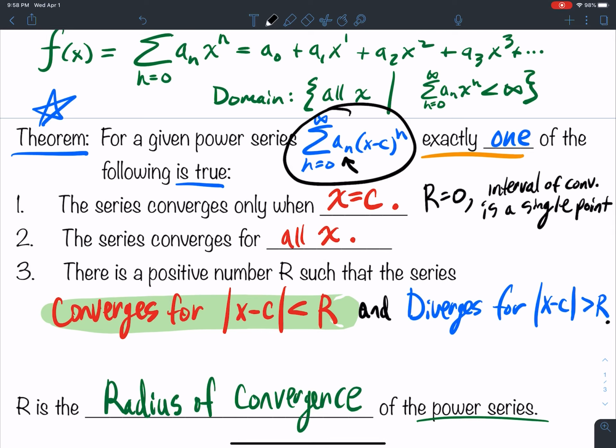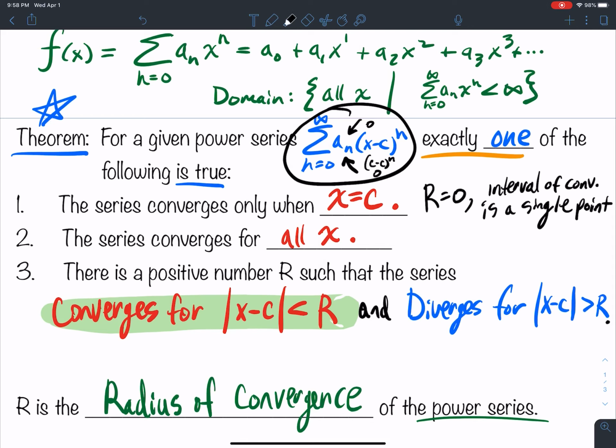But if I make x equal to c, what does that become? c minus c to the n, that becomes 0. So now all of a sudden I took something that's diverging and I multiply each term by 0. The thing's 0 plus 0 plus 0 an infinite amount of times is equal to 0.